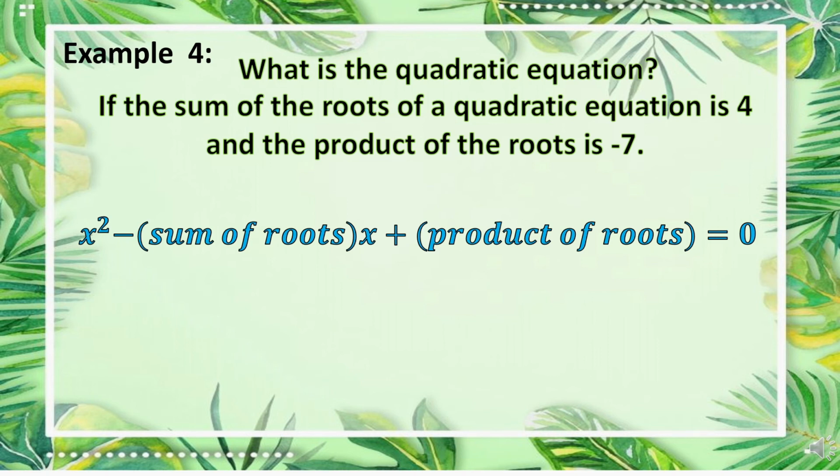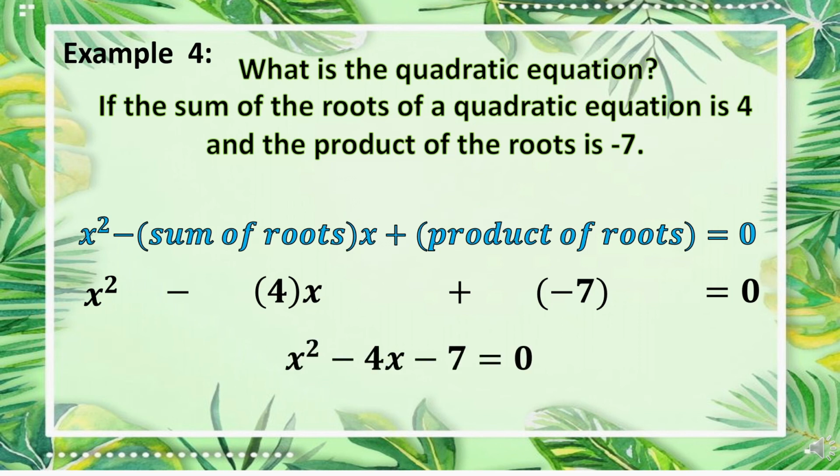Did you remember that? So, by substitution, we can have x squared minus 4x plus negative 7 is equal to 0. By simplifying, we have x squared minus 4x minus 7, and that is our final answer.